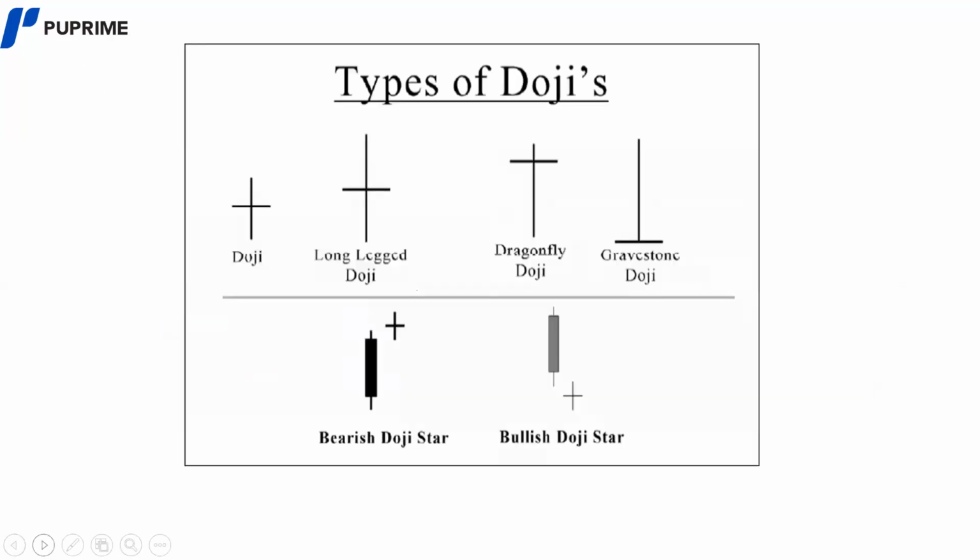These are the types of dojis that we have. We have four types: the normal doji, the long leg doji, the dragonfly doji, and the gravestone doji. This indicates that there is a fierce battle and the market is still at equilibrium.